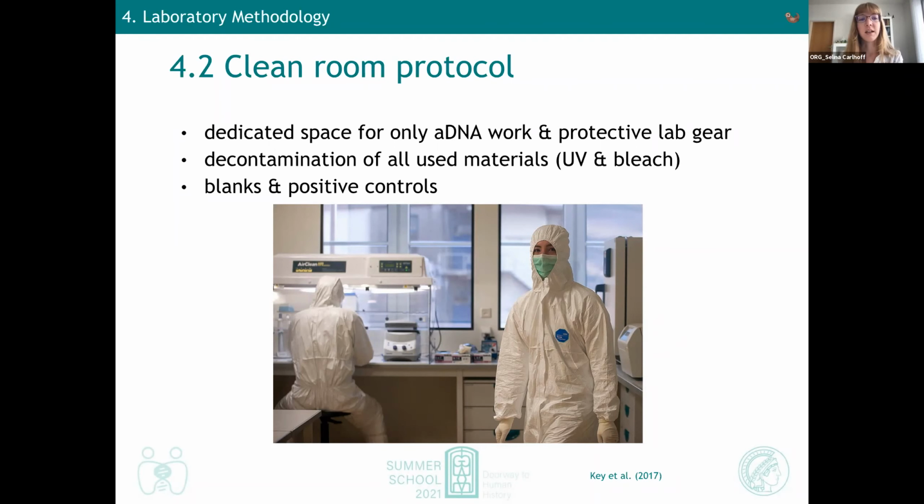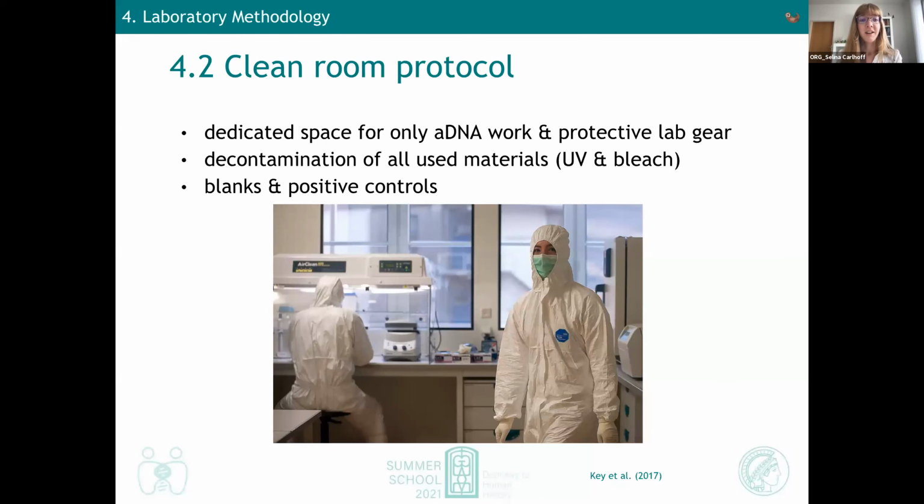So you can see if there's any DNA in these blanks where there's not supposed to be any, then you likely had a problem during the experiment and have to be careful with the interpretation of all your other data that you produced in the same run. So it's really quite pivotal to studies to check your blanks.